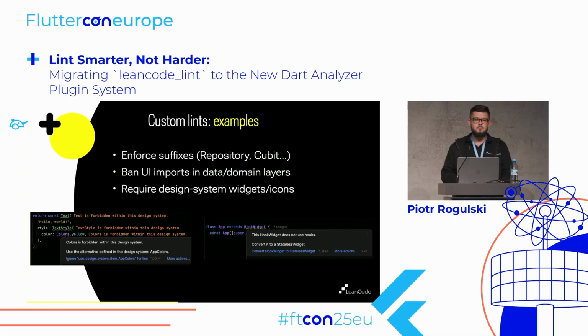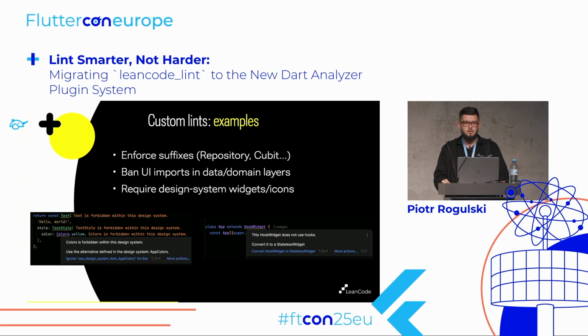What can custom lints do for us? For example, you might want to encode specific naming conventions in the code. These are inherently not universal because different teams will have different naming conventions. But once you are in a team, you want to make sure that, for example, every cubit ends with the word cubit.